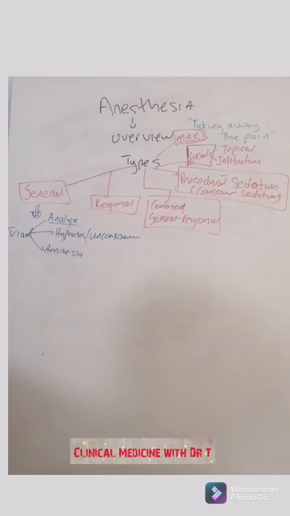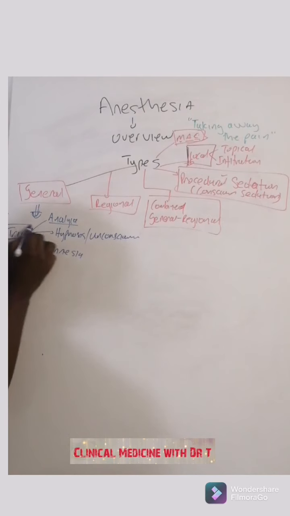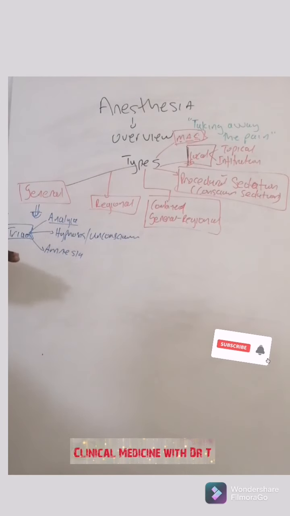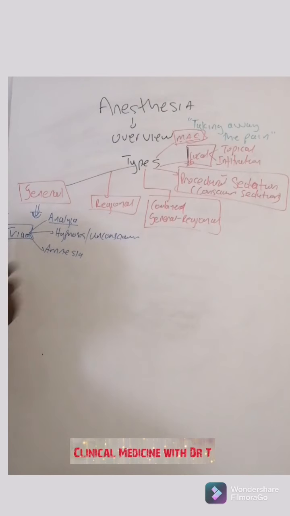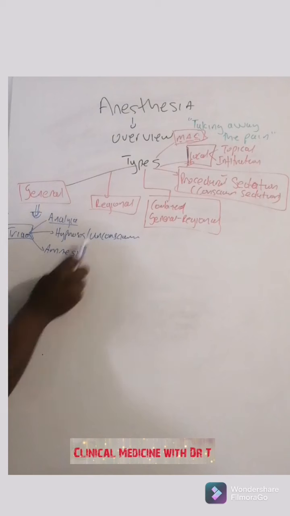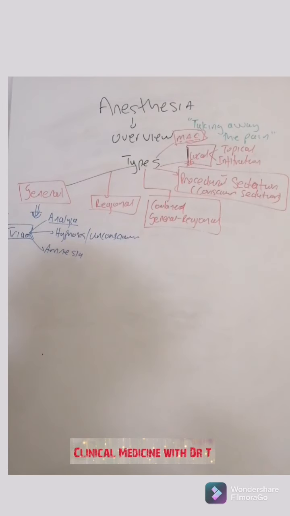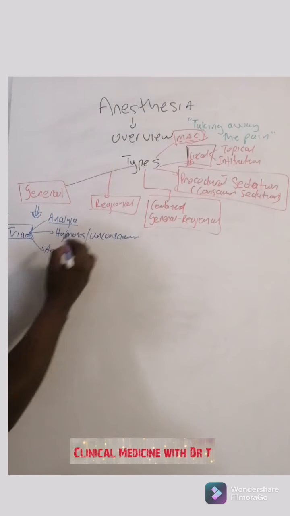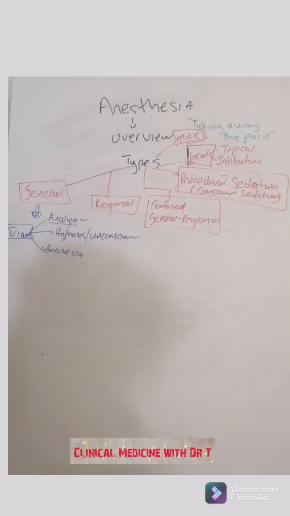Okay, so general anesthesia has these components. This is what makes general anesthesia difficult, because you have to have these components in all your patients. You must make sure that you take care of all of these components. So we said that anesthesia is about taking away the pain from a patient as you are doing whatever procedure you're doing.